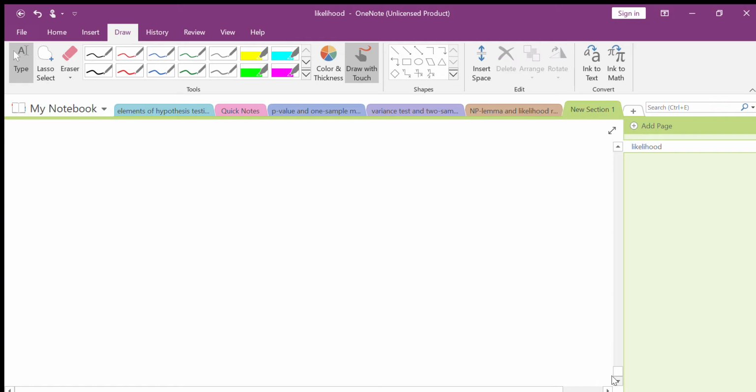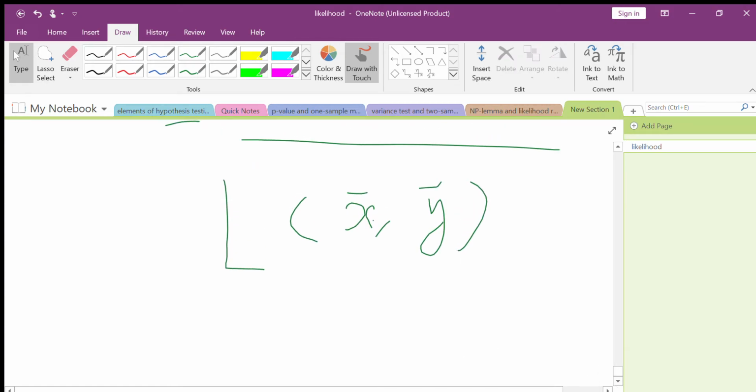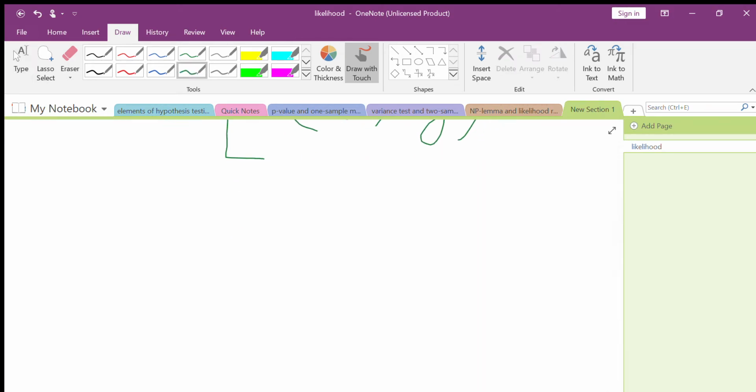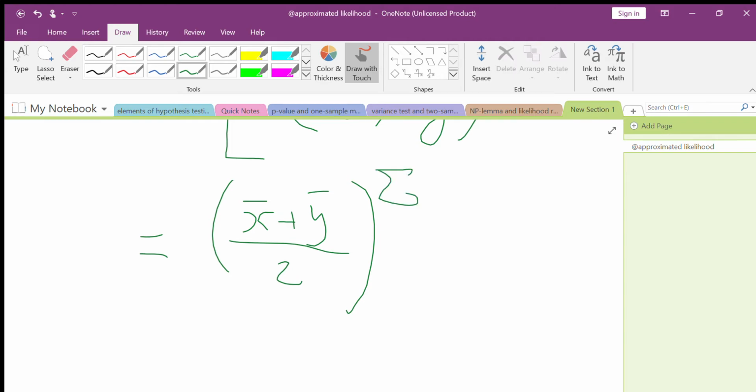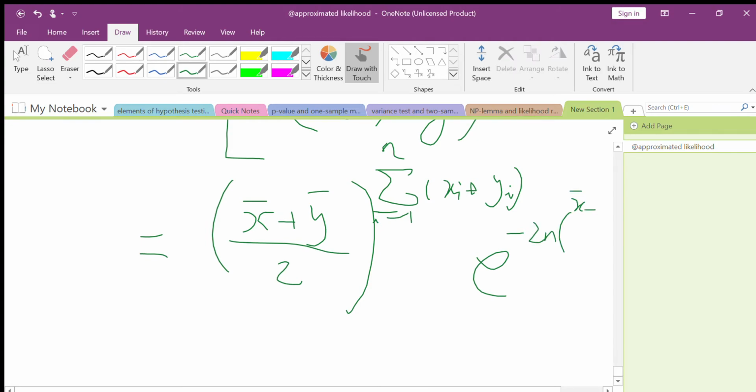You can do some simplification, which is simple algebraic operation. Firstly, we plug in. The numerator is x bar plus y bar divided by 2 raised to the power summation i from 1 to n of xi plus yi, exponential raised to the power negative 2n times x bar plus y bar divided by 2. This is the numerator.